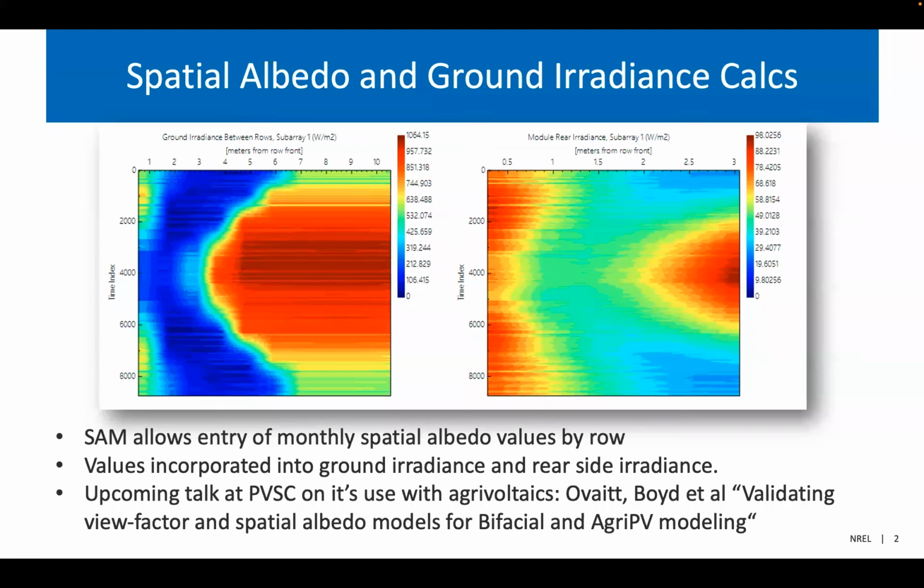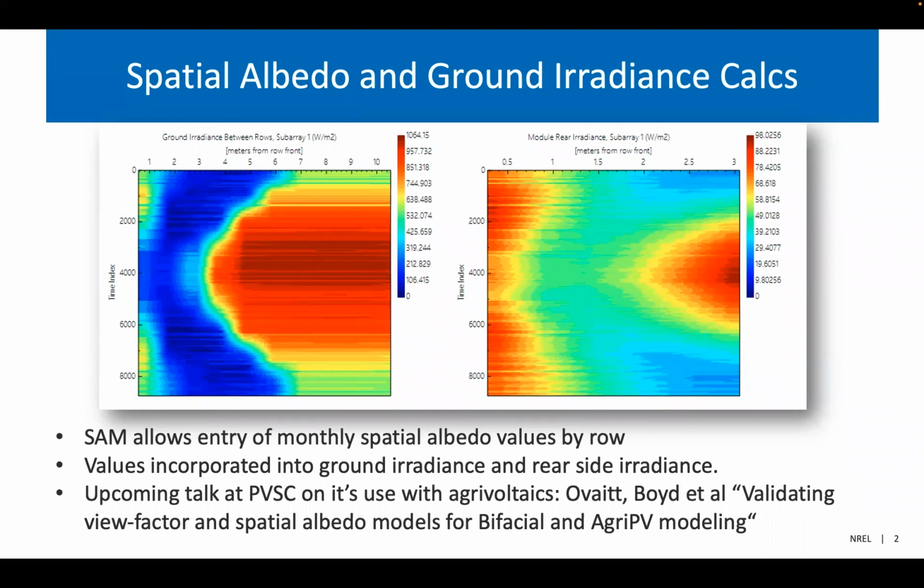One of the things that we do a lot is support the other research projects at NREL and beyond. One of the things that came up through other research activities at NREL was interest in introducing spatial albedo. So if you have the data, we now have a way to incorporate spatial albedo data into SAM, in a pattern across what would be a utility scale plant.